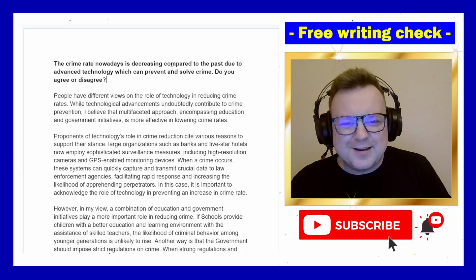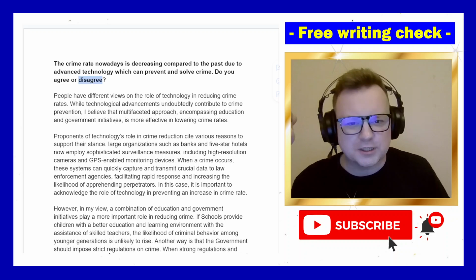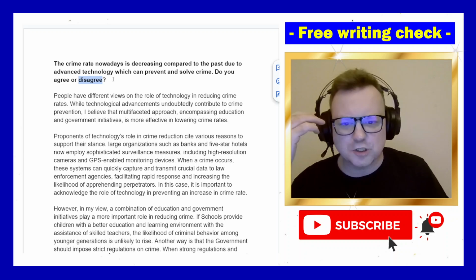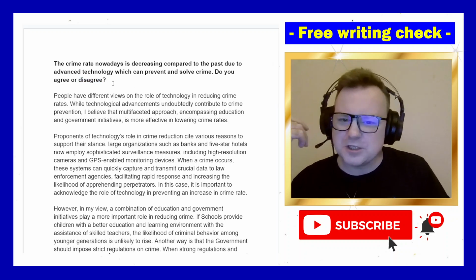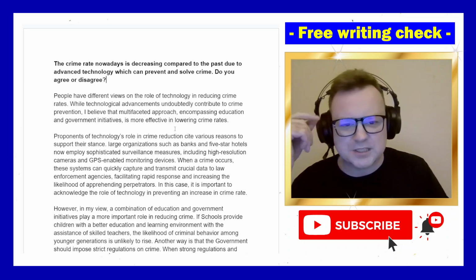Do you agree that the crime rate is decreasing because of advanced technology, or do you disagree that the crime rate is decreasing because of advanced technology? But this is going to be a tricky one to mark, because if I can't understand the question fully, it's very possible that the candidate mistakes it too.